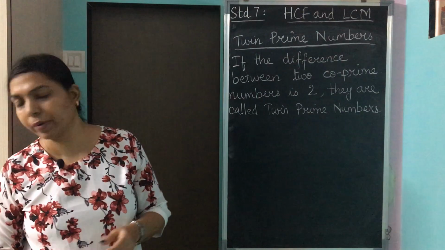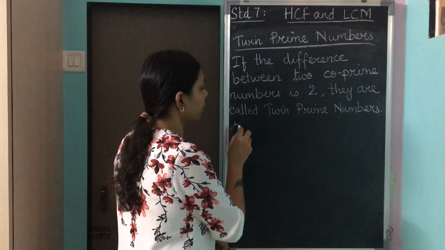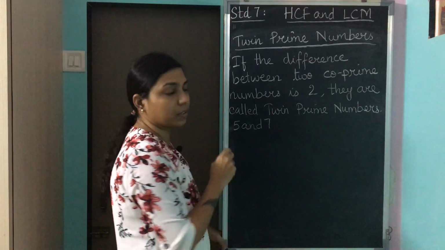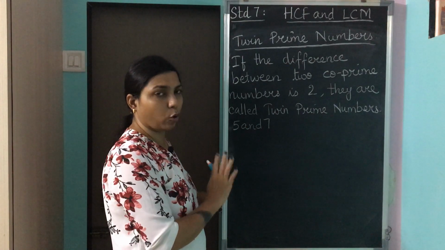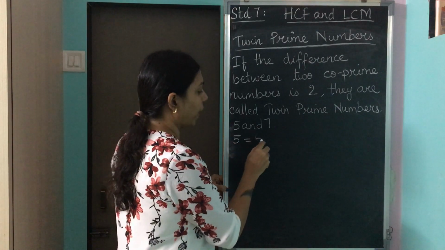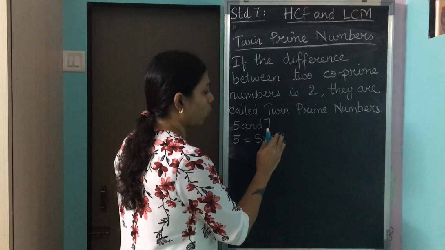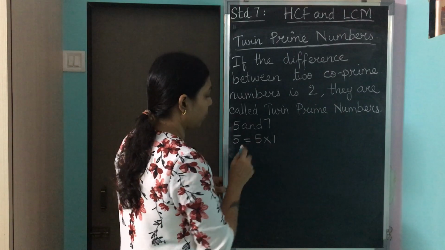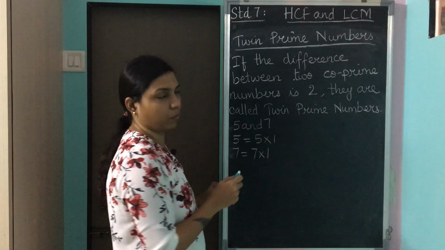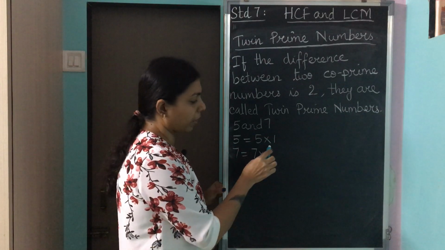I'll give you an example. The numbers 5 and 7. First we have to see, are they co-prime numbers? So 5 will be 5 into 1 and 7 will be 7 into 1. What is common between them?